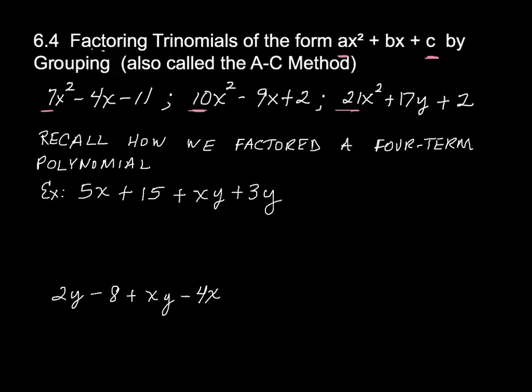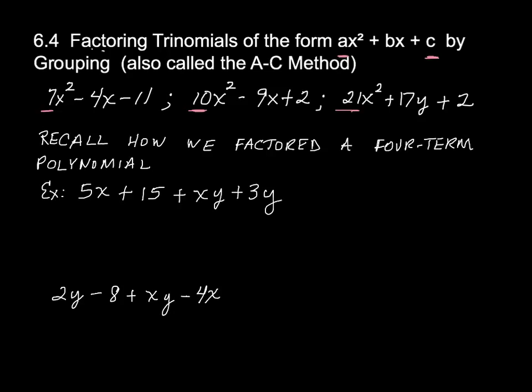Now, let's recall how we factored a 4-term polynomial. I'm going to kind of ease you into this. Remember, if we have a 4-term polynomial, and if those terms can't be combined any kind of way, the way you always approach a 4-term polynomial is by grouping.